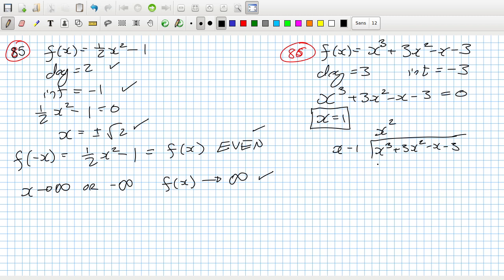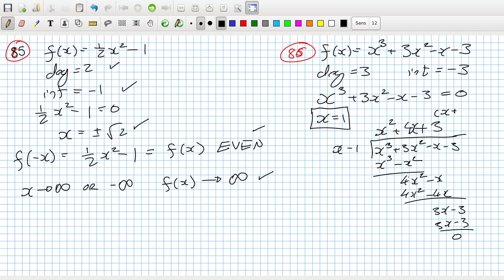x squared, x cubed minus x squared, 4x squared minus x, plus 4, 4x squared minus 4x, that's 3x minus 3, x plus 3, 3x minus 3. So I can definitely factorize that.